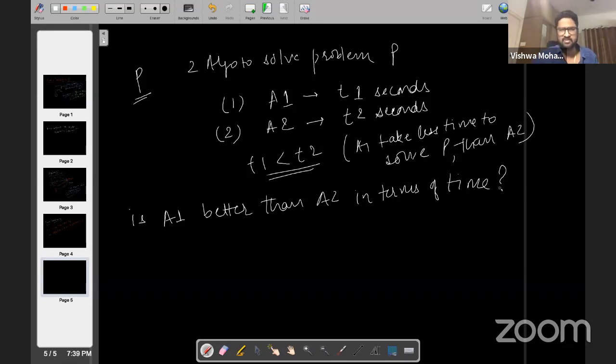A1 takes T1 seconds, A2 takes T2 seconds, and T1 is less than T2. It means algorithm A1 takes less time to solve than algorithm A2. So with this, can I make a statement that A1 is better than A2 in terms of time to solve the problem P? Please answer in the comments. I'm giving you 5-10 seconds.